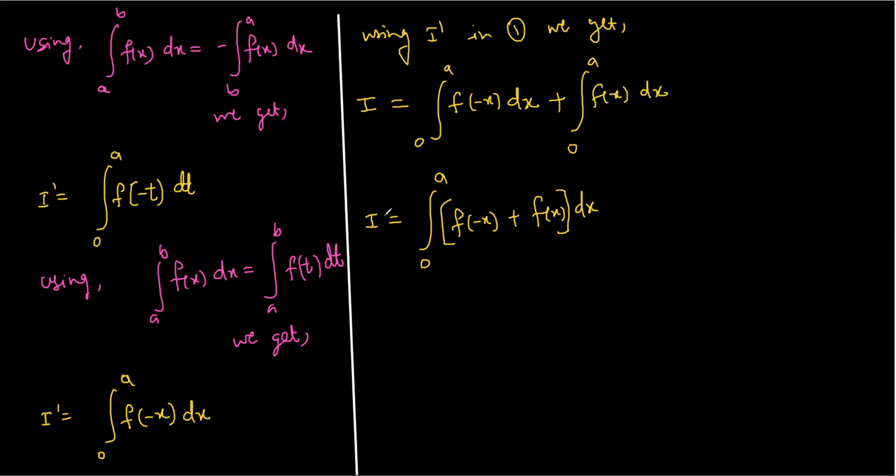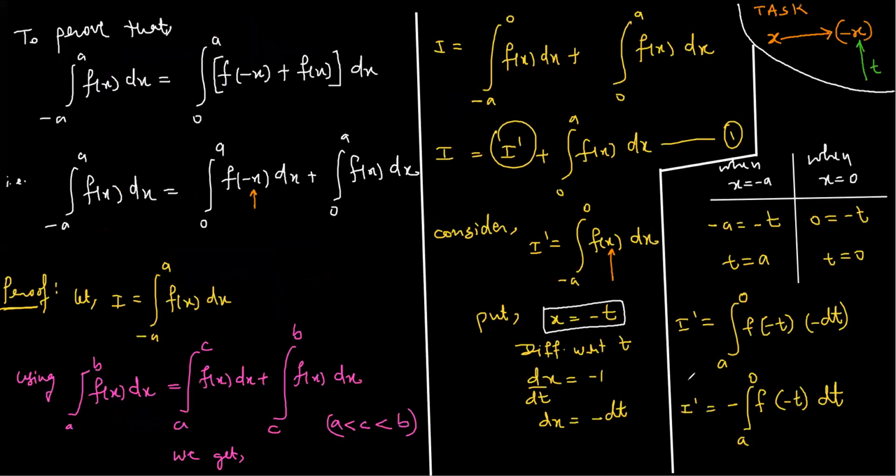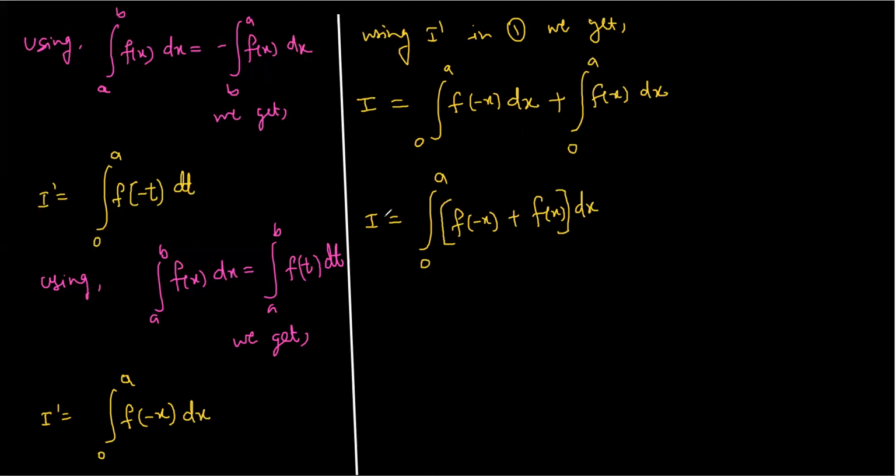Okay. And students, what was I? Do you remember what I was? I was this, minus a to a f of x dx. So remember that first part you have proved. The main required thing in the theory you have already proved.